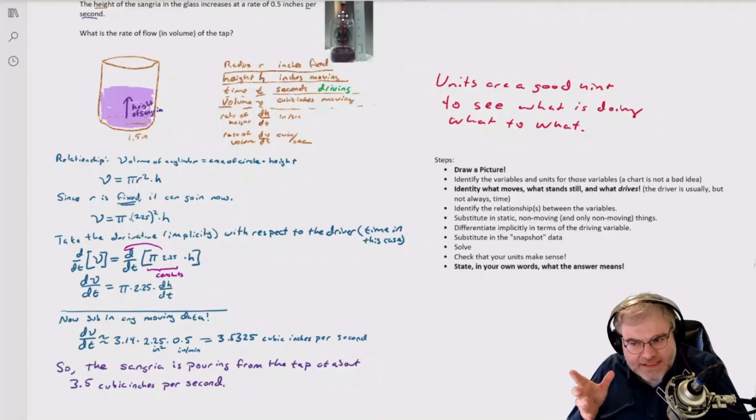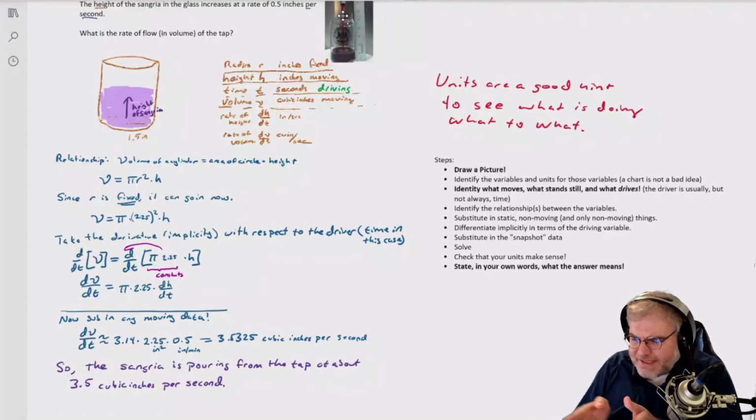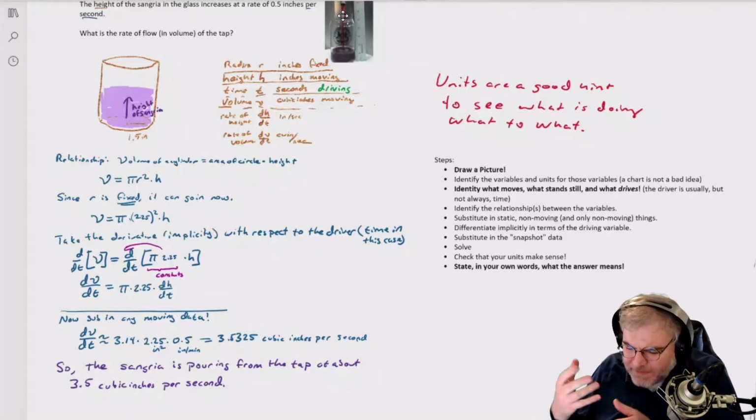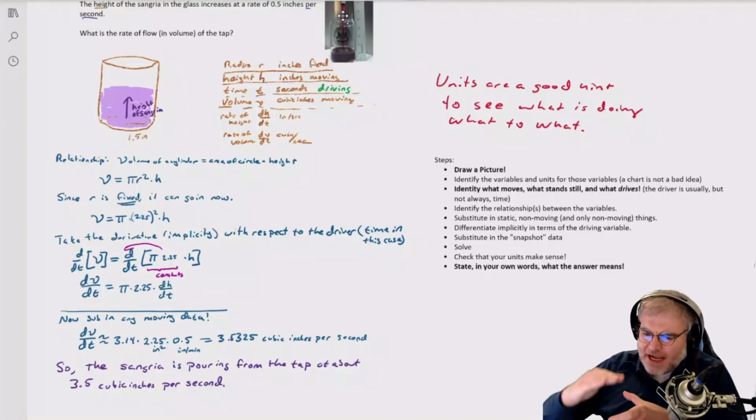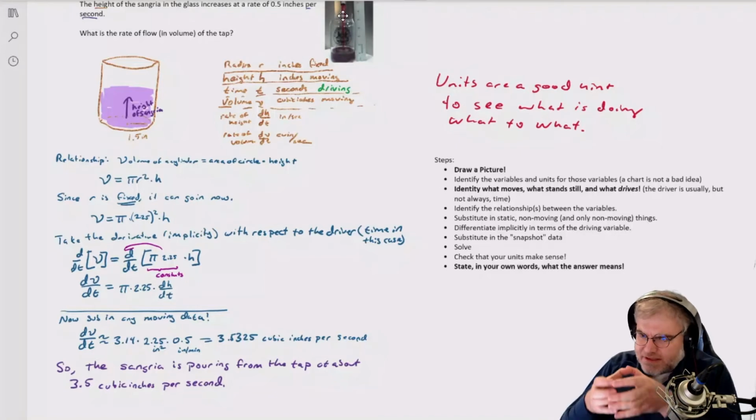And in which case, I would have had to find something out, a different relationship that was fixed. If I had been doing a cone, as the conic cup filled up, the radius would get bigger. So it wouldn't be fixed, it'd be moving. But in a cylinder, no matter what the height of the water is, the radius is always fixed.